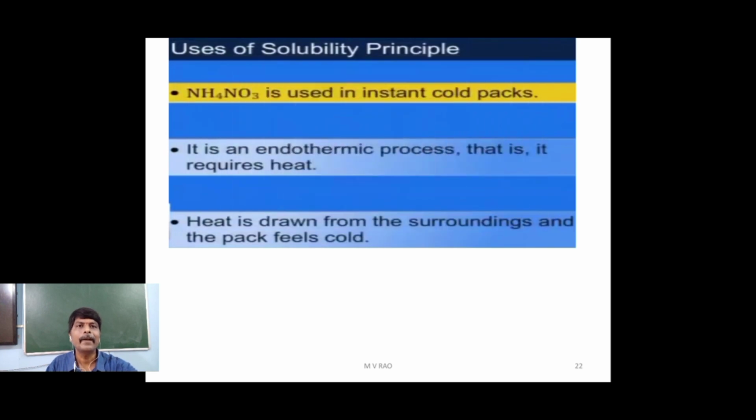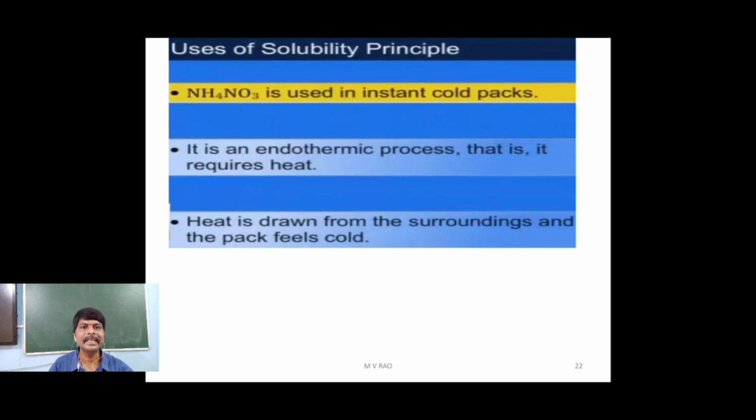Now you see some uses of the solubility principle. Ammonium nitrate, already given as an example of an endothermic solute, is used in instant cold packs. If you want to make something like ice instantly, then you have to dissolve some ammonium nitrate in water. It is an endothermic process.